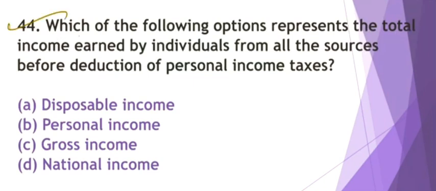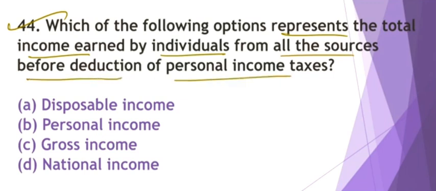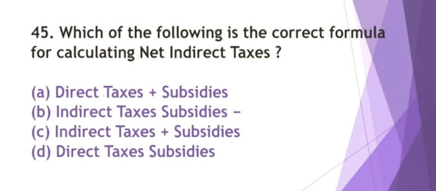44. Which of the following options represents the total income earned by individuals from all the sources before deduction of personal income taxes? Option number B, personal income. 45. Which of the following is the correct formula for calculating net indirect taxes?